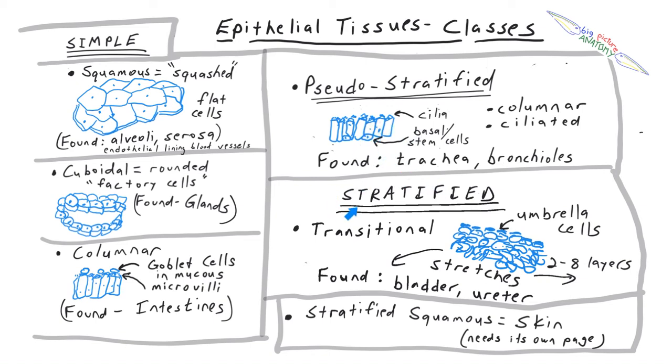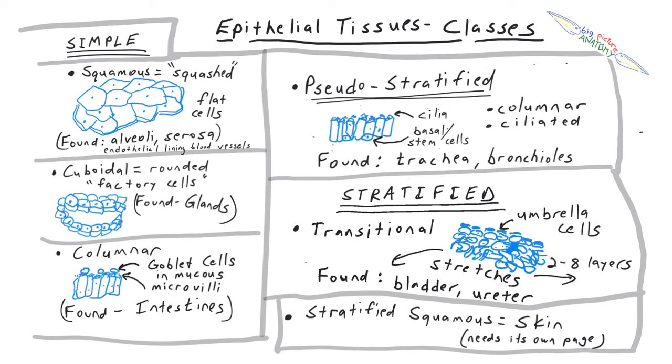Finally, in the stratified category, I'm only going to ask you to look at a couple of these most important ones. The stratified transitional epithelial cells, as you move through from deep to superficial, you have a whole bunch of cells jumbled up on top of each other in anywhere from 2 to 8 layers, and this is a very unique epithelial tissue that we find lining the bladder and the ureter, because what happens is the bladder fills with urine and it stretches out.